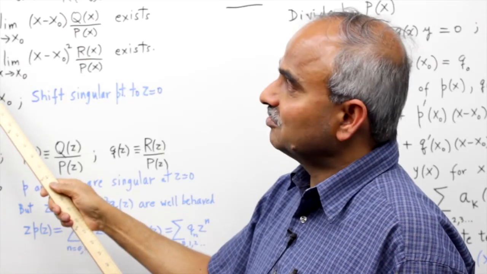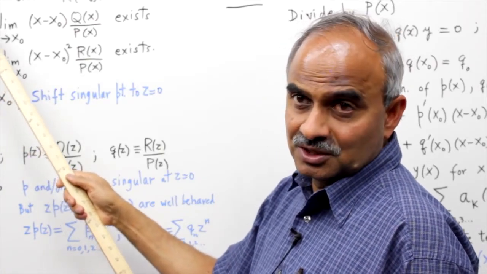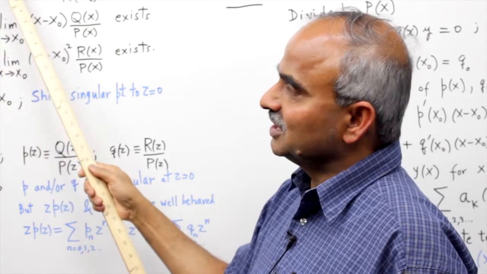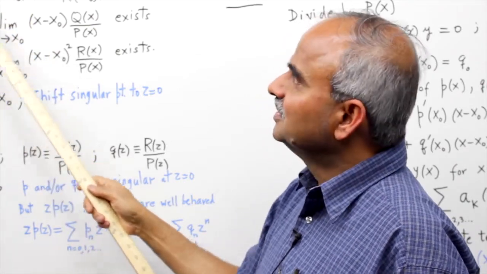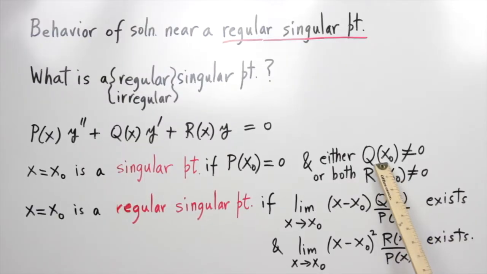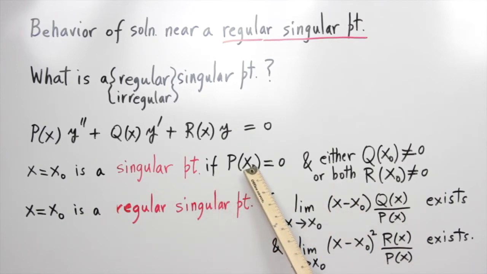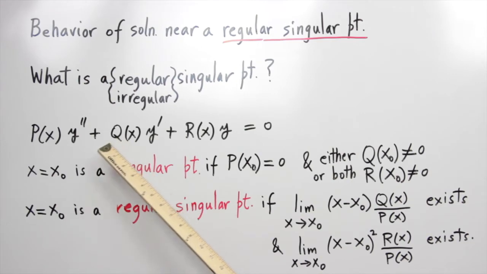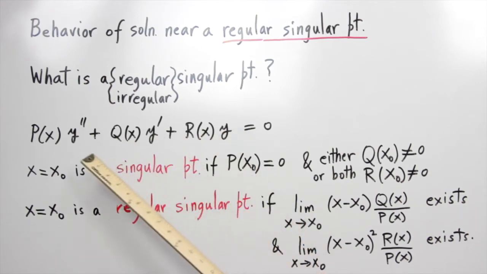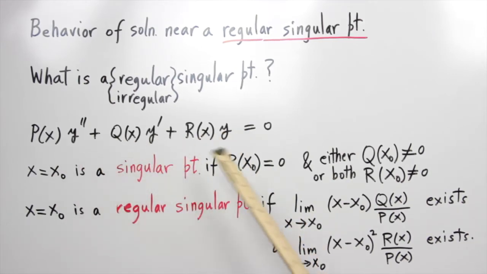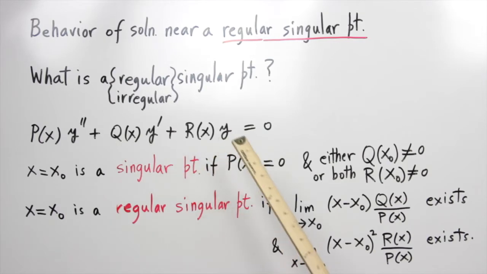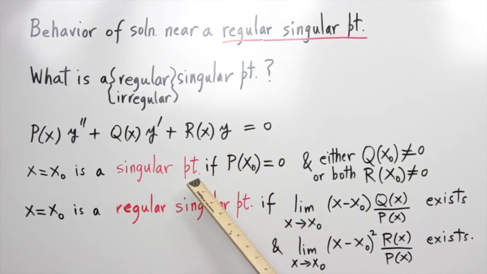That would be sort of like L'Hopital's rule, where that factor would cancel out of the equation entirely. But they simultaneously don't vanish where P vanishes, and therefore there is something singular going on. If you think about dividing the rest of the equation by this, we will have a behavior which will cause something interesting to happen.